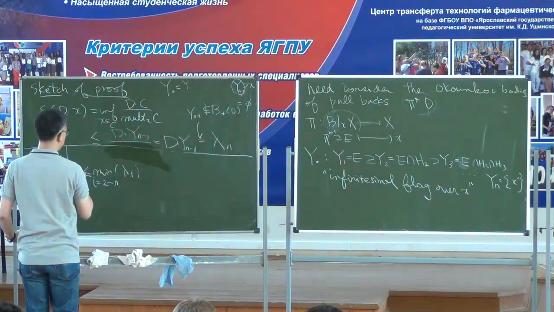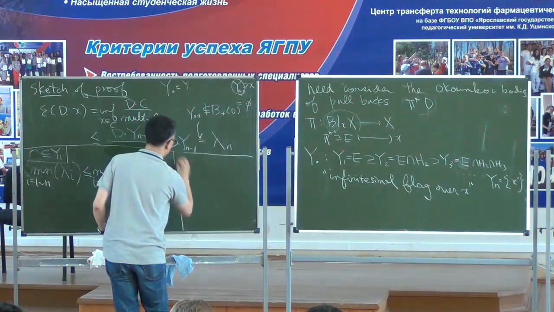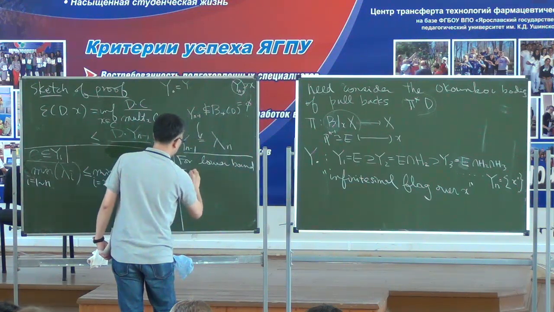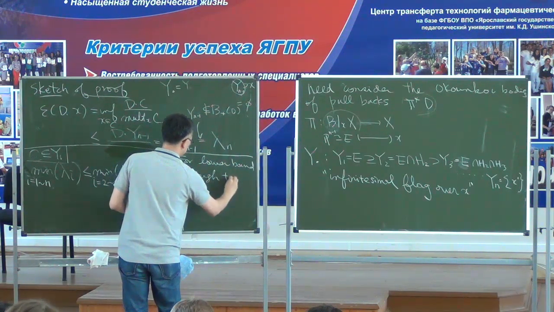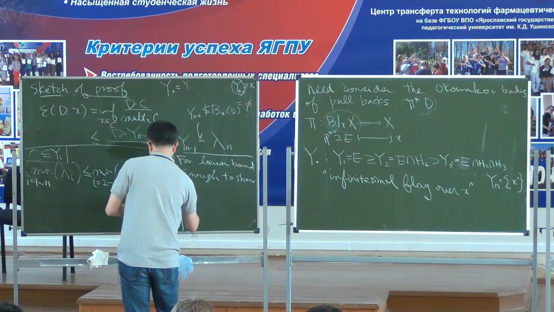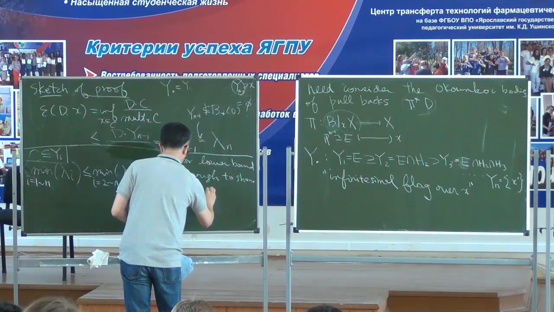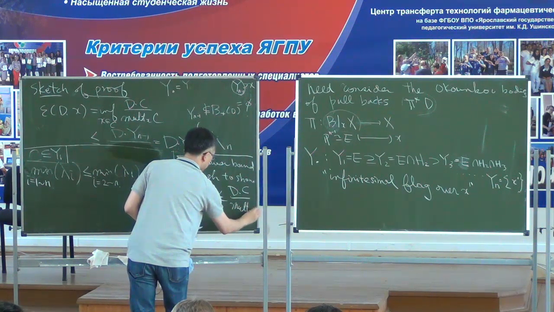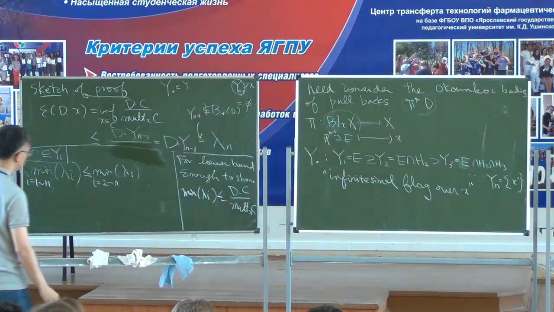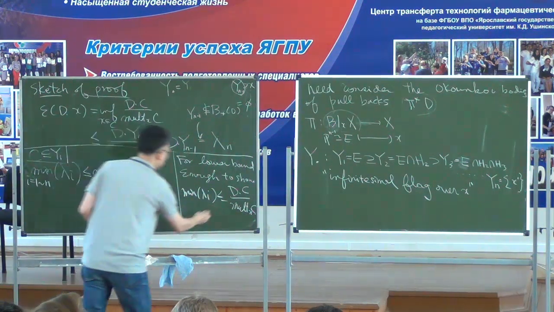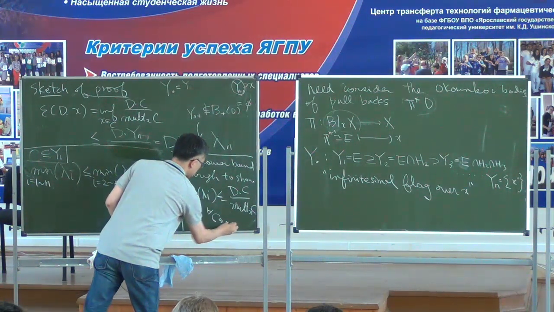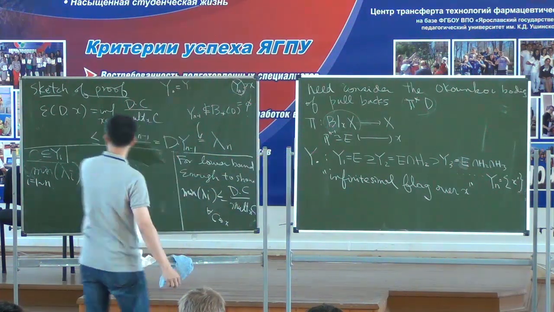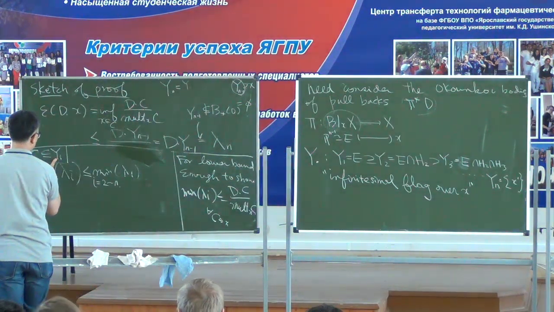So to prove the lower bound, it's enough to show that the minimum of lambda i is at most D·C over the multiplicity of x, for any curve. If we can show this, we obtain the lower bound. Okay, so first we assume that C is contained in Y1.